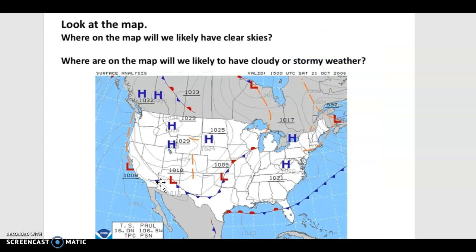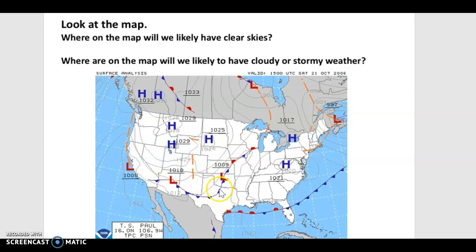So if we go back to our weather map, and I were to ask you what type of weather Utah and Idaho are going to experience, what would you say? It has a high pressure system, so you would say there that we're going to have clear skies or clear weather.